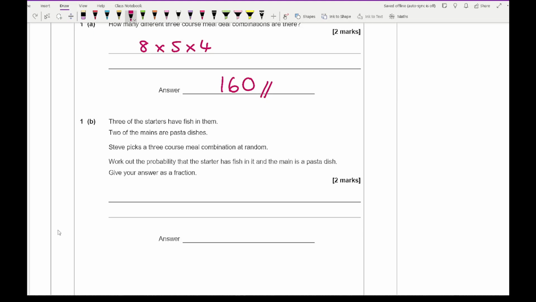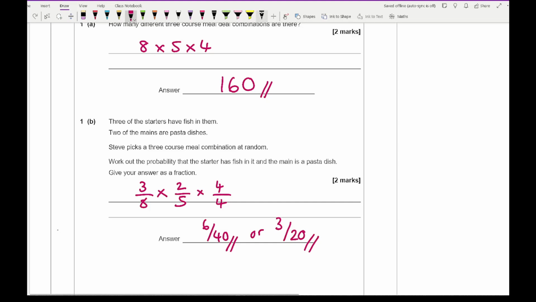So it's just more of a case of what's the probability of him selecting a fish starter, and that's going to be 3 out of 8, and a main course that contains pasta, which is going to be 2 out of 5, and then he's going to pick a dessert which doesn't really make a difference, so that's going to be 4 over 4. So then multiplying each of those, we get 6 over 40, or we can simplify that fraction as 3 over 20.